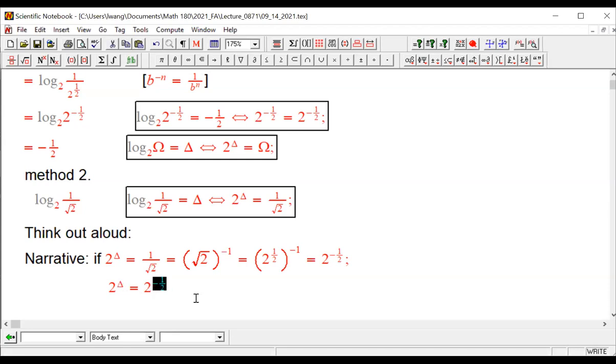And the other major reason this is true is because 2 to the power x is an increasing function. It's a 1-to-1 function. You can only do this if it's a 1-to-1 function.